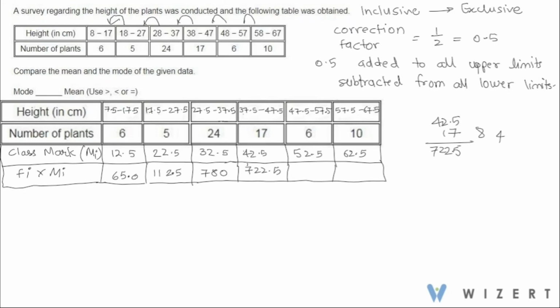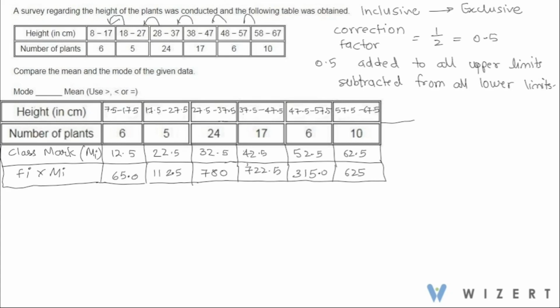And the next one is 6 into 52.5, which is equal to: 6 5s are 30, 6 2s are 12 plus 3 is 15. 6 5s are 30 plus 1 is 31. This is 315.